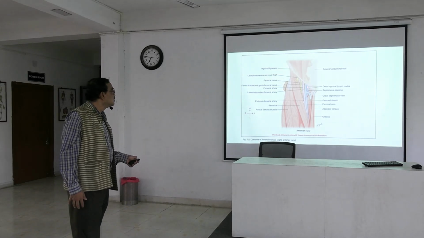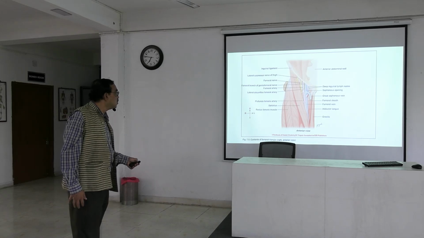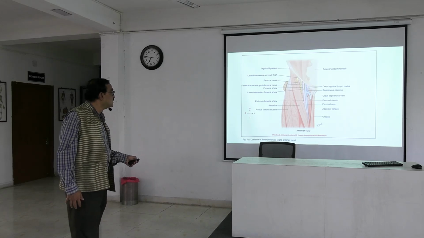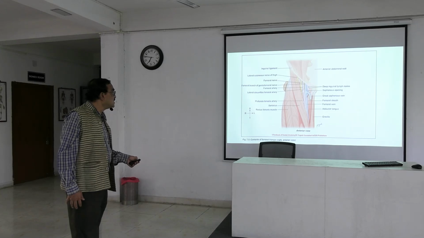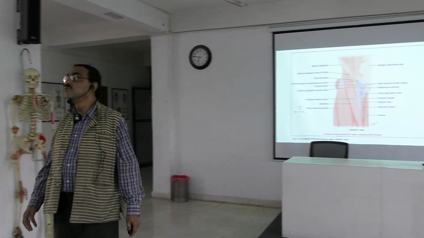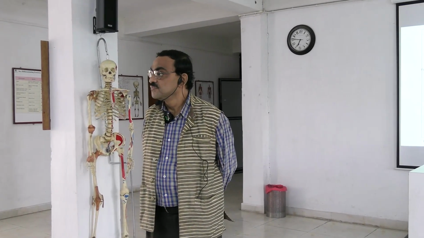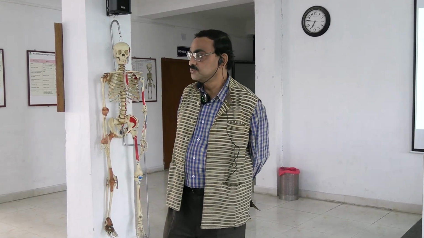And most medially, we can get a canal, which communicates with the abdomen. That is called the femoral canal, where we can see some 5 to 6 lymph nodes. They are called Cloquet's lymph nodes.